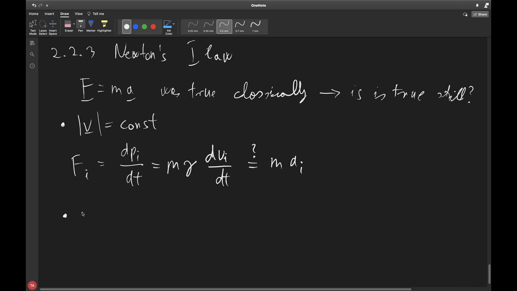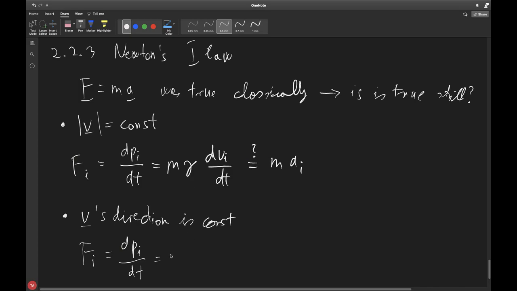Now if we look at the case where this v vector's direction is constant, in this case F_i equals the derivative of p_i by time. Here, I cannot actually say that the gamma factor can be taken out of the derivative since its value can change. It is a time-dependent quantity, and so its time derivative will be non-zero.